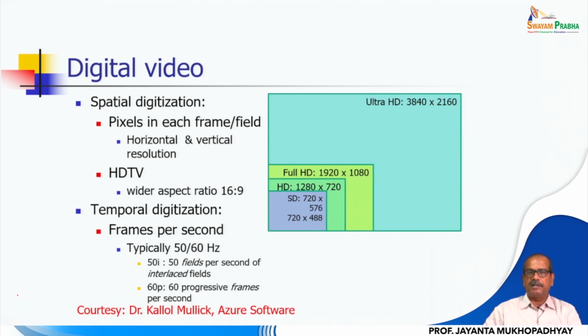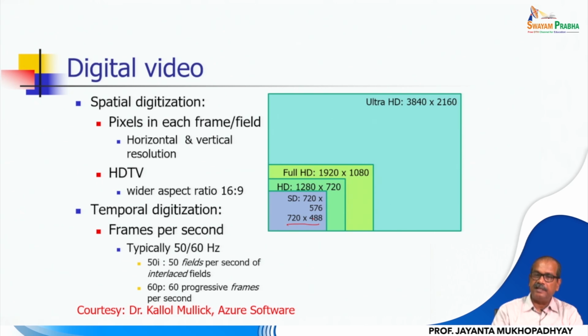These are some typical figures of different kinds of video formats, and they describe the different resolutions of those formats. You can see here the size of the video, 720 into 488, where 720 is the number of pixels per line and 488 is the number of lines per frame.